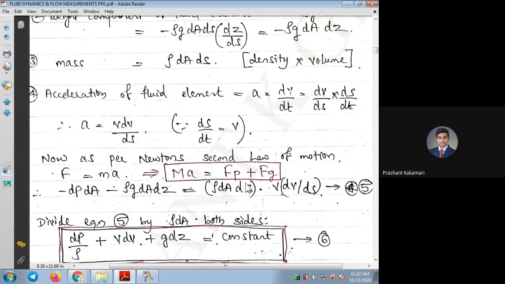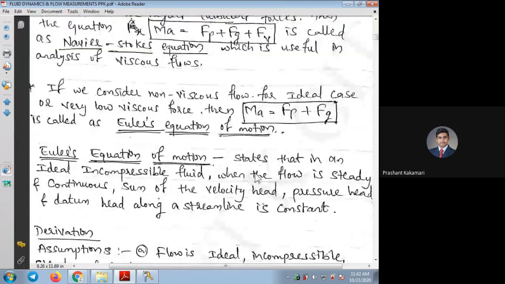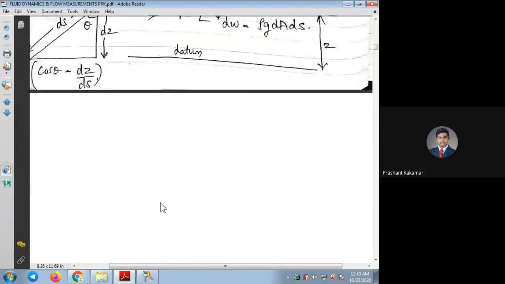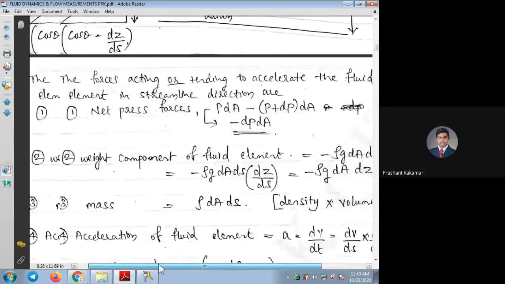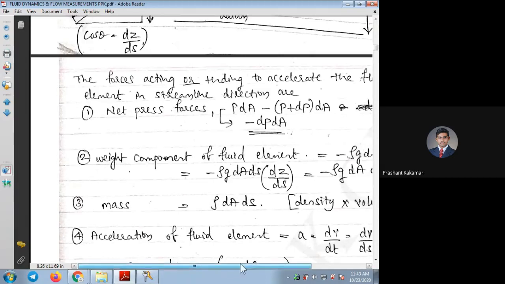So keeping this in mind, from the above equation, F equal to ma equal to force due to pressure plus force due to gravity, Euler's equation of motion. For this, we need these terms. So first, what is required? We can find out the weight of the liquid element. So weight of the liquid element is what?